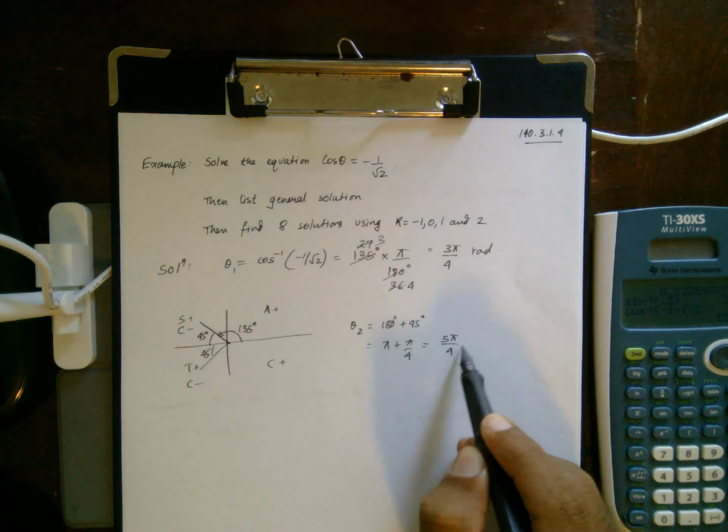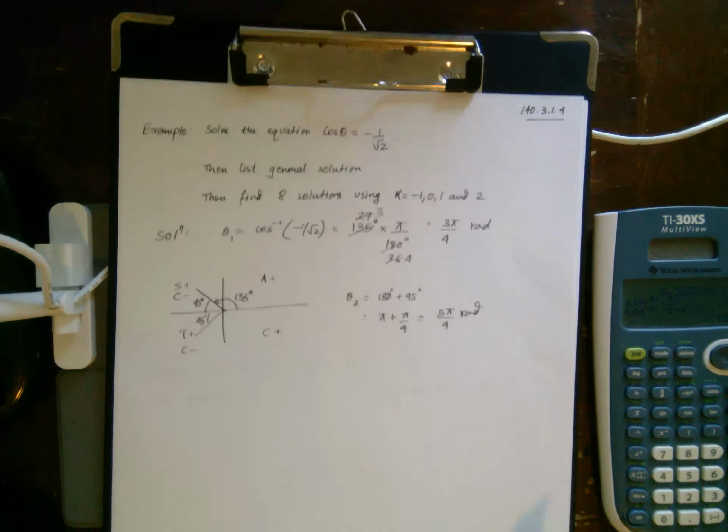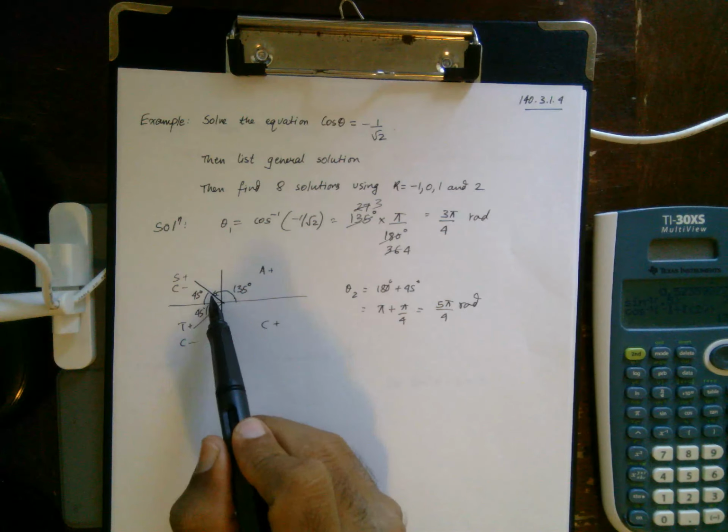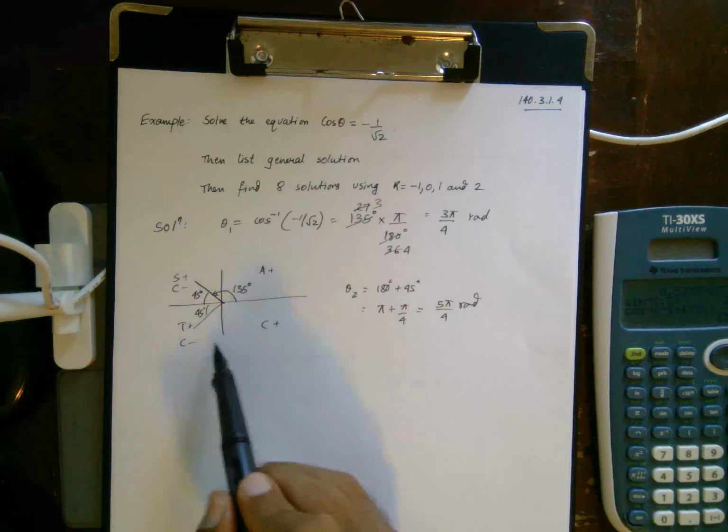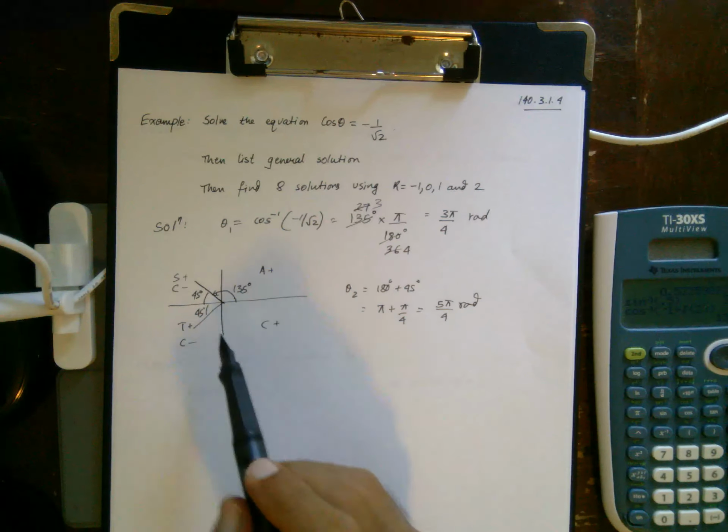over 4 radians. Now my general solution, I can get the same value by keep rotating 2 pi radians extra each time.